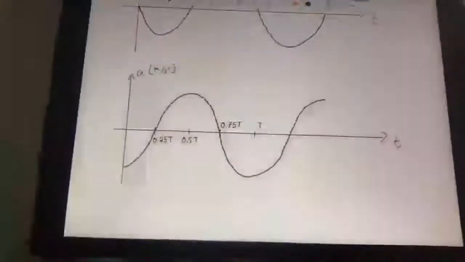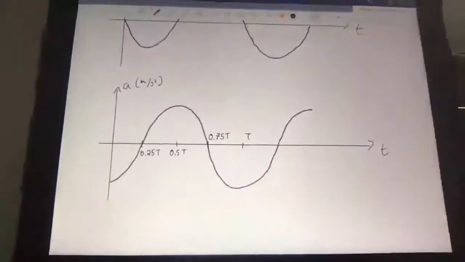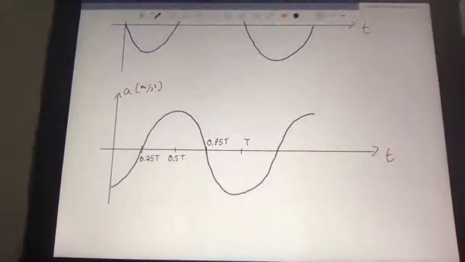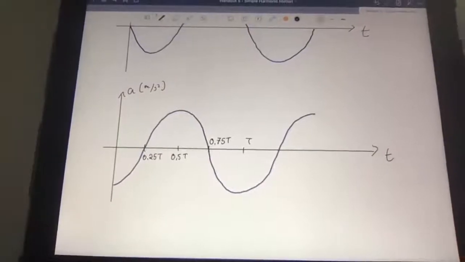Given that information, what do you now know must be the sign of the acceleration? I won't make you answer it again because I think we already know. It would be between 0.5 and 0.75, closer to the 0.75.